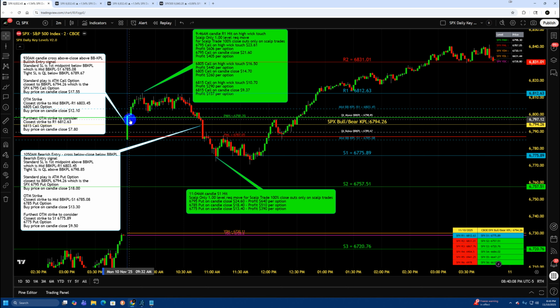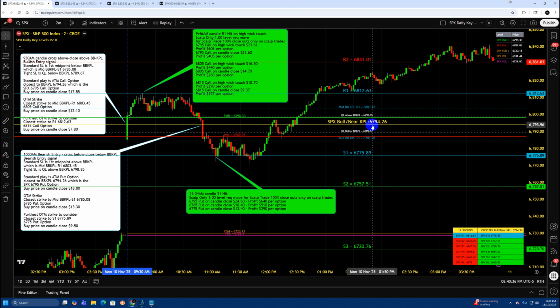However, for this particular trade, the standard play for this strategy is an at the money option. In this case, since it's a bullish trade, it's going to be a call option. The at the money is the closest SPX call option strike to the level that you're taking the trade from.